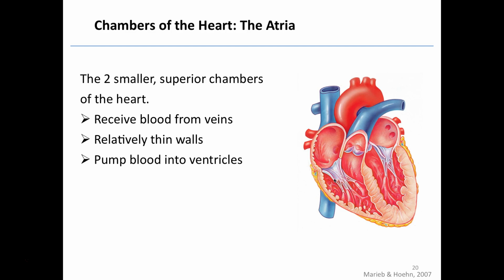Within the atria, there are a number of key features, one being the fossa ovalis, and it's a depression on the wall between the two atria, and it's a remnant of the hole that was in the fetal heart that allowed the blood to bypass the lungs and function on the mother's circulation during pregnancy.